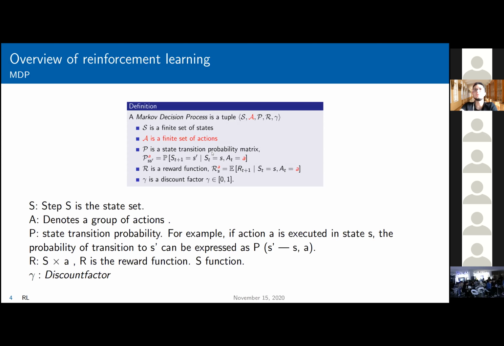By choosing different actions in different states, it tries to evaluate which policy is better.